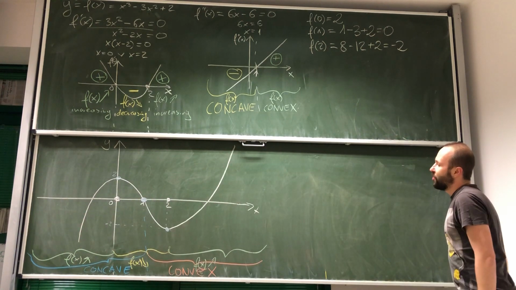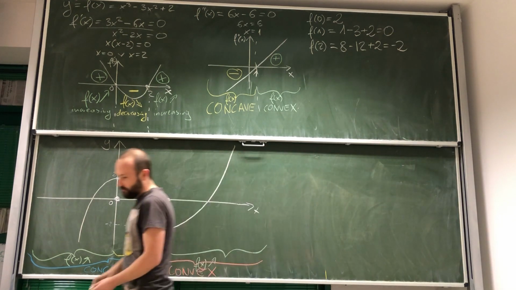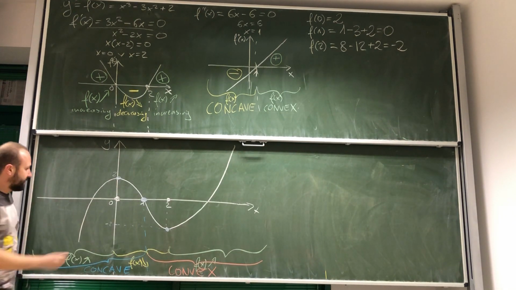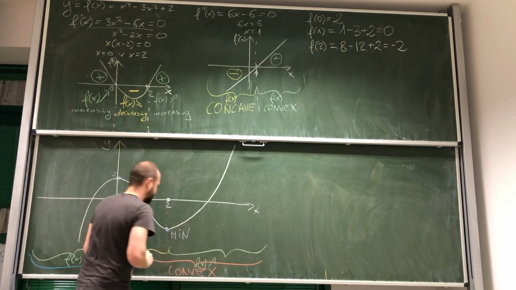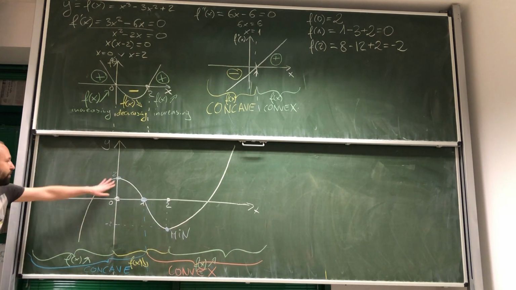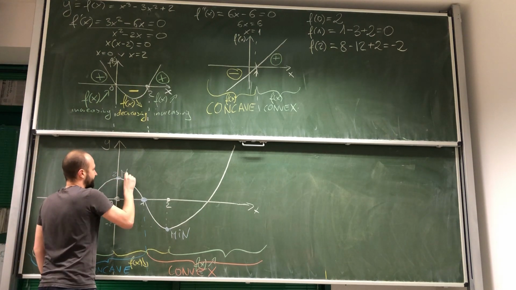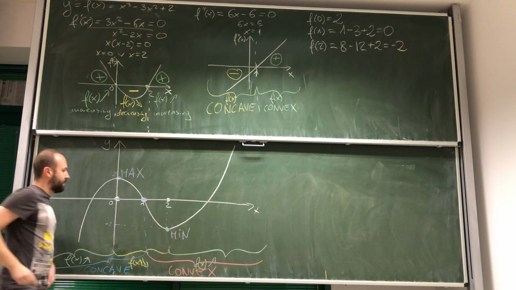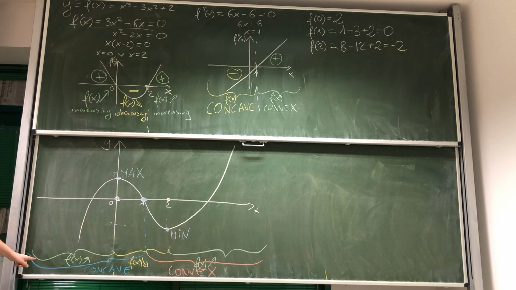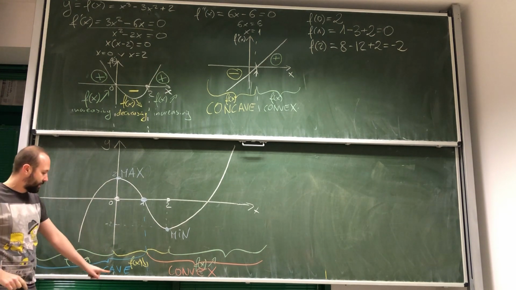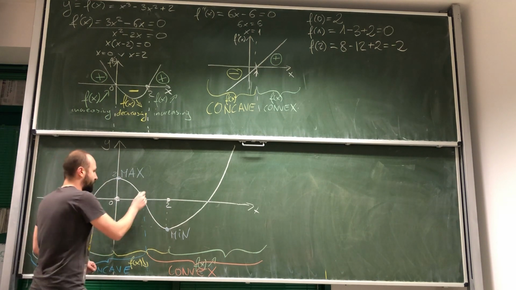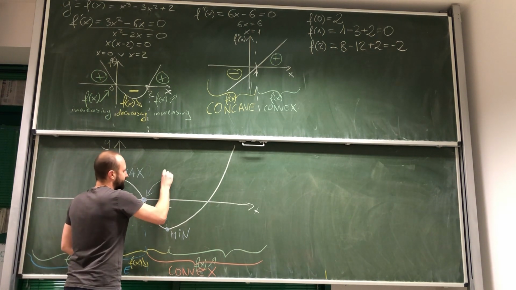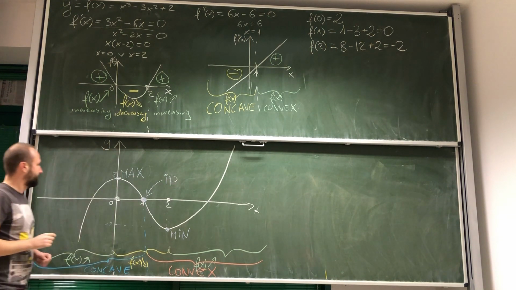Okay, and look, what is this point? Of course, this point is our relative minimum. This point is our relative maximum. And what is here? You look, the function stops being concave and starts being convex. So this point must be an inflection point.